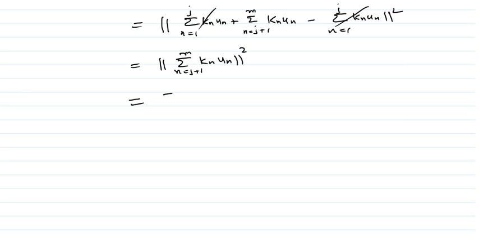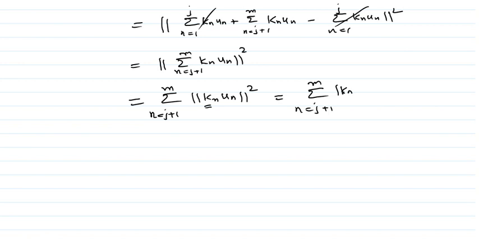So this is equal to summation, by Pythagoras theorem, you can apply Pythagoras theorem here, of the norm of k_n u_n square. This is very simple. But norm u_n is 1 because the set is orthonormal, and this k_n is a scalar, so it is mod of k_n times norm of u_n. So this is equal to summation n runs from j plus 1 to m, mod of k_n square.